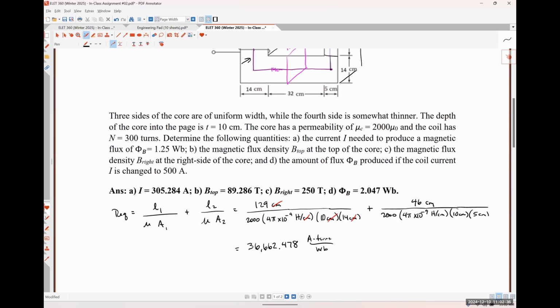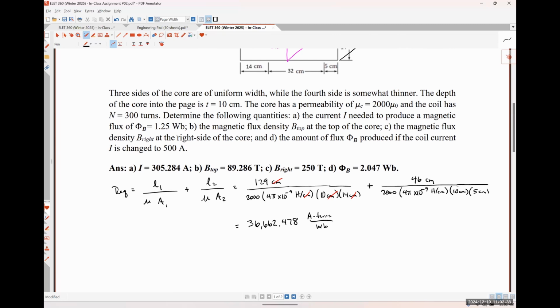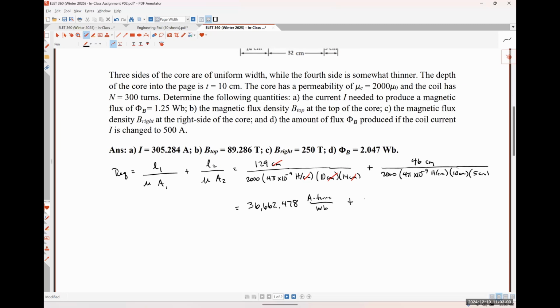All right, so throwing in the other side of this thing, we've got 46 divided by 2000 times 4 pi times 10 to the minus 9, and then 10 times 5. And so this comes out to be 36,605.6369.